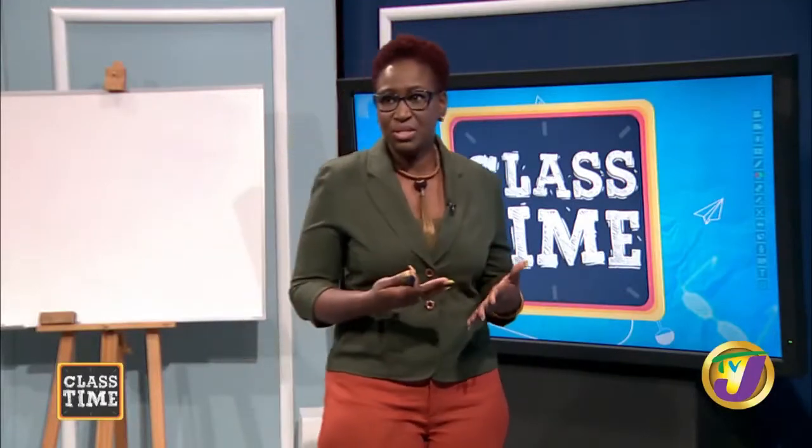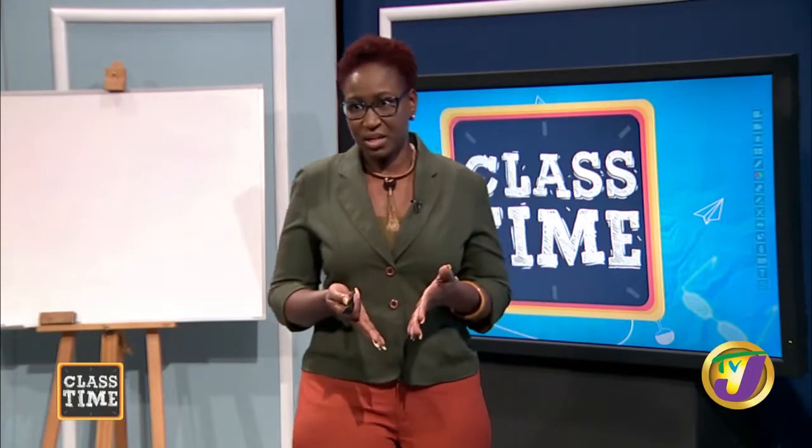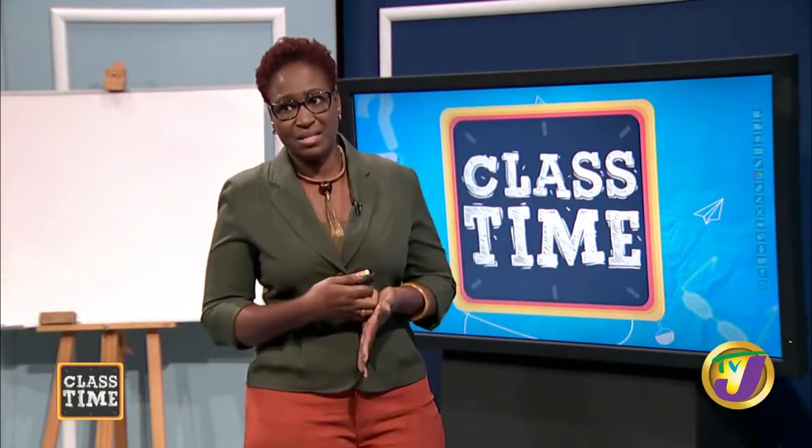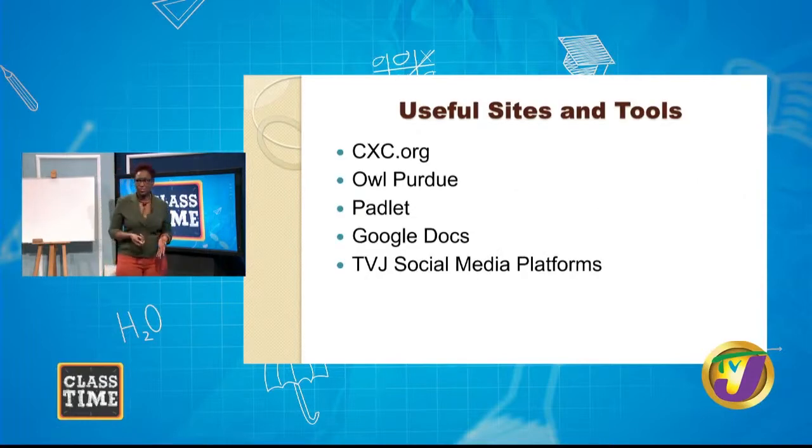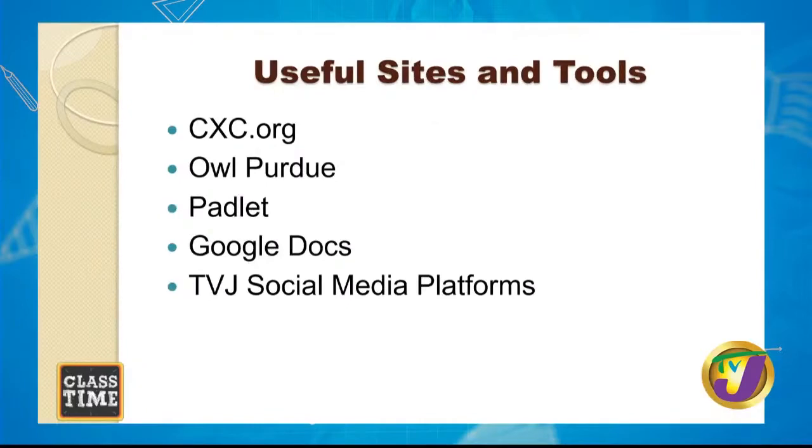And in case you need to see these rubrics for yourself, they're all available at CSEC.org. So once you log on there, everything will be there for you. And here are some useful sites that you can visit too. Of course, CSEC.org, that is your examining body, so you need to go there.